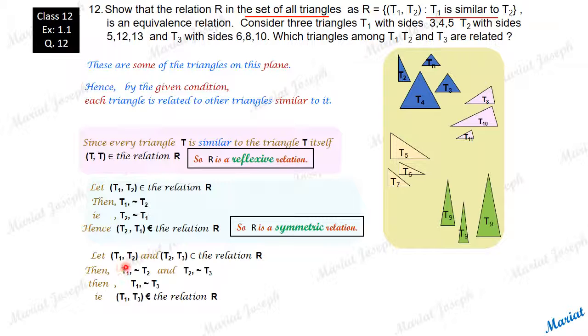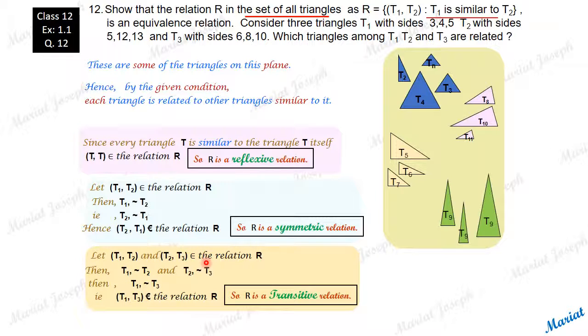Whenever the pairs of the form T1, T2 and T2, T3 are there, having the T2 common, the pair T1, T3 is also found, logically proved. So, the relation is transitive also. And if a relation is reflexive, symmetric and transitive, that is called an equivalence relation. So, this given example, it's an equivalence relation.